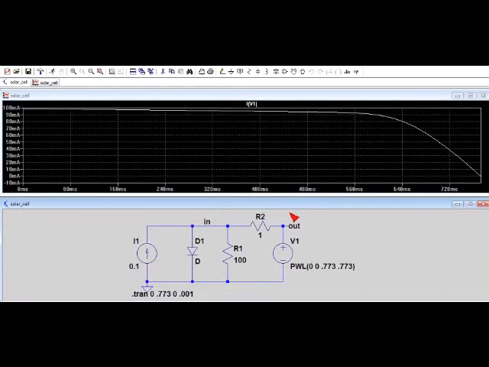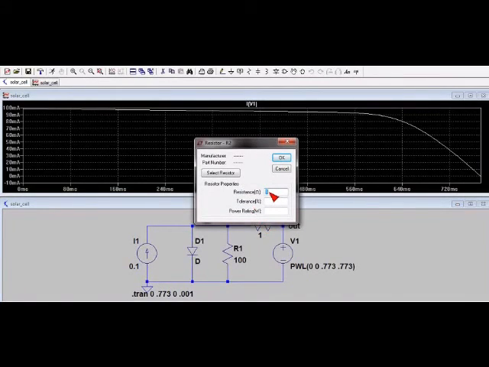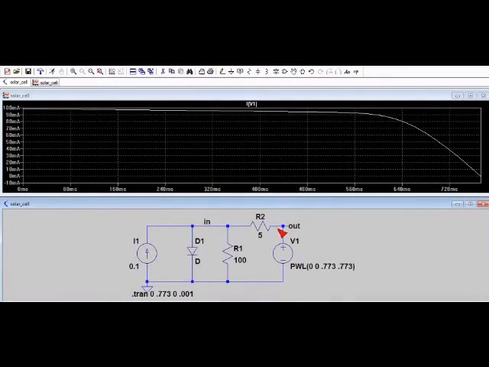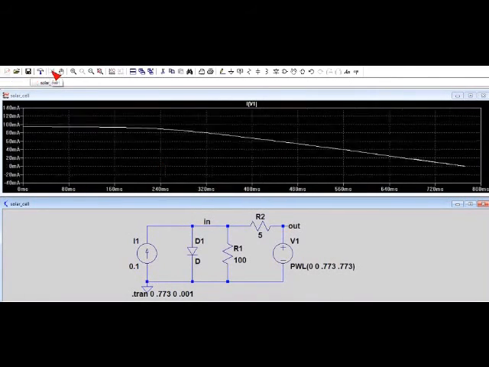So let's see what happens if we change the value of this series resistor. Let's make it larger and see what happens. So let's go from 1 ohm to 5 ohms and see what effect that has on the performance of the solar cell. So let's rerun this.